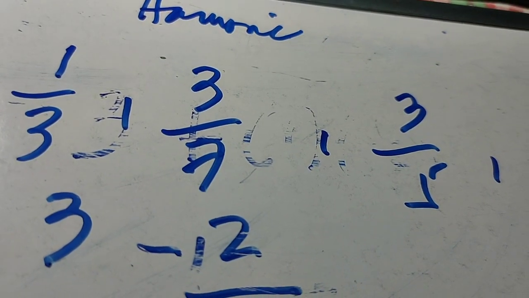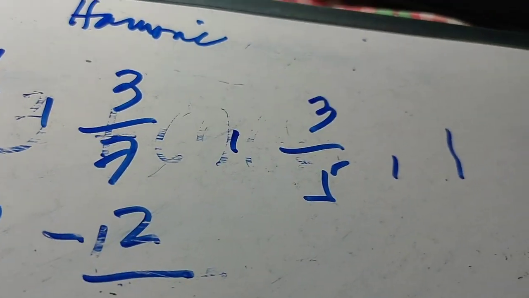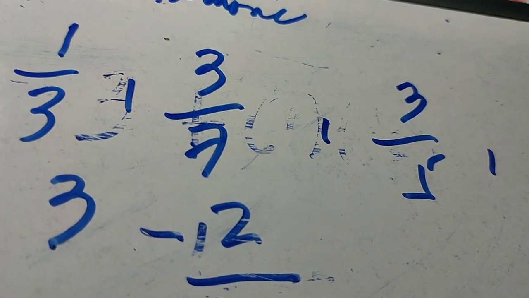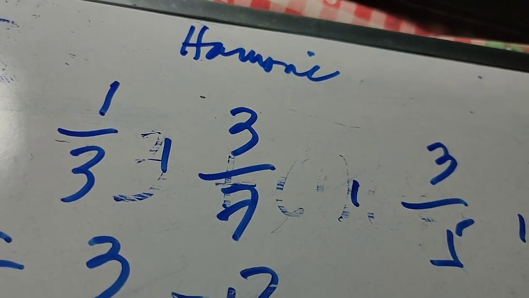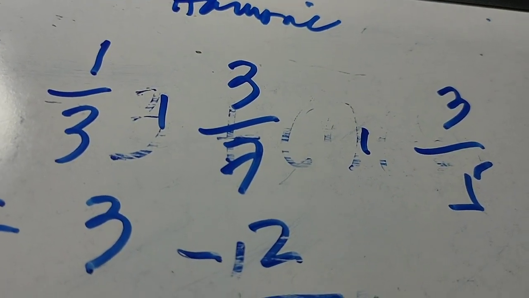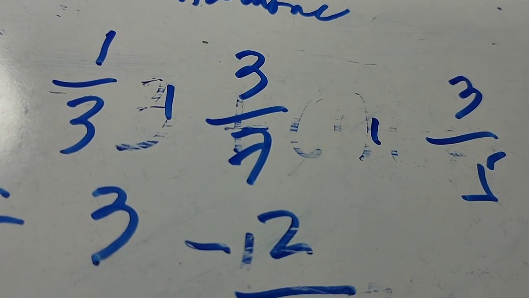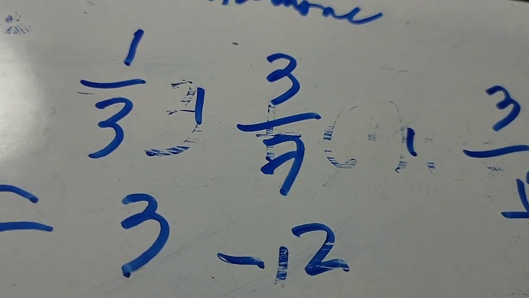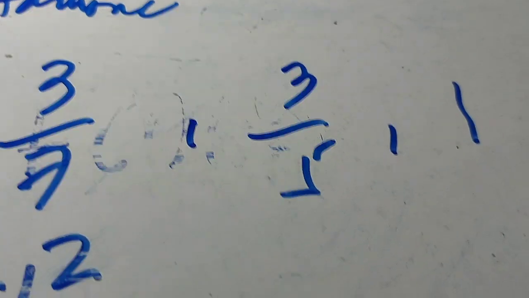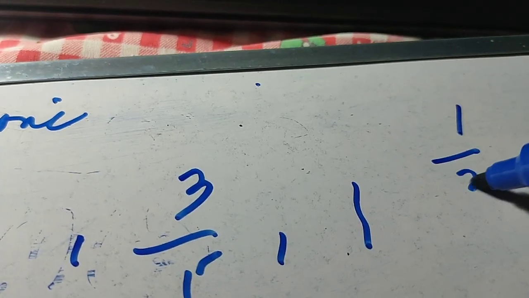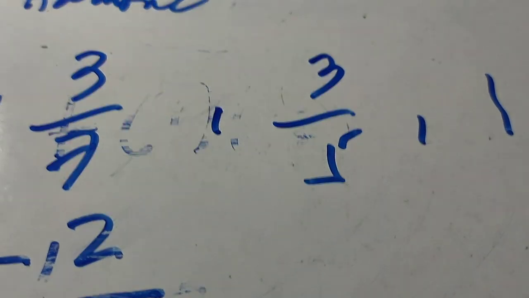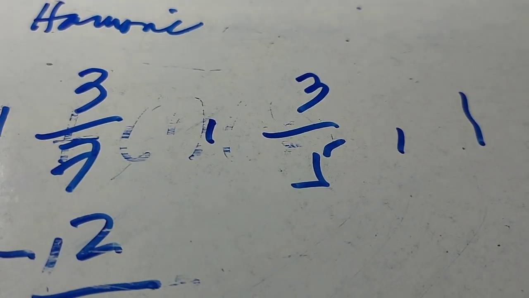So you can see the difference between these fractions that we have. Remember that we have a common difference of negative 2/3. So 1/3 plus negative 2/3, 1/3 minus 2/3, that is equal to negative 1/3.